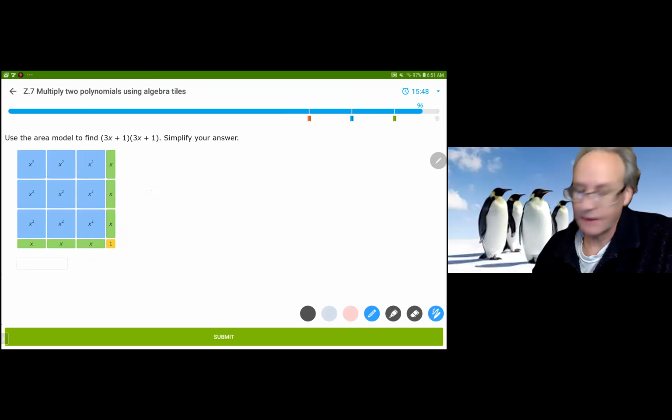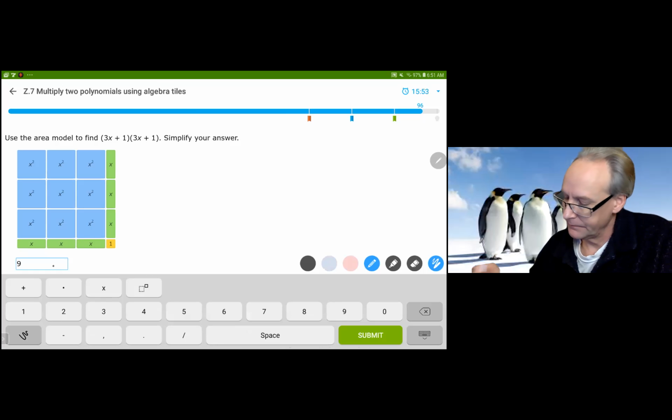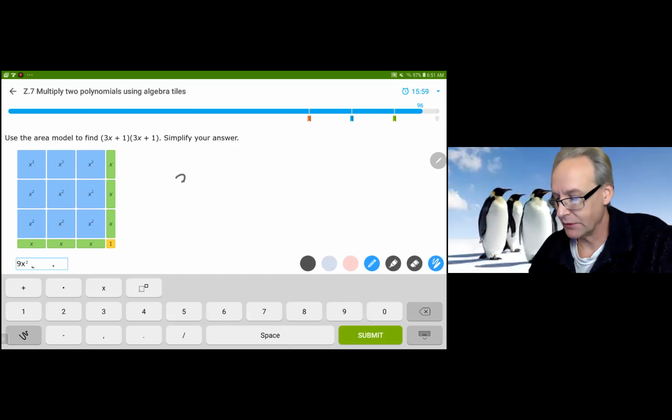Got a 9x squared. Okay, another perfect square trinomial. 9x squared. Hopefully you understood what I was talking about when I said that when you multiply a perfect square binomial, remember, this thing is written like this. Do not distribute the squares, because what you'll get is 9x squared plus 1, and you'll totally forget about those green squares.